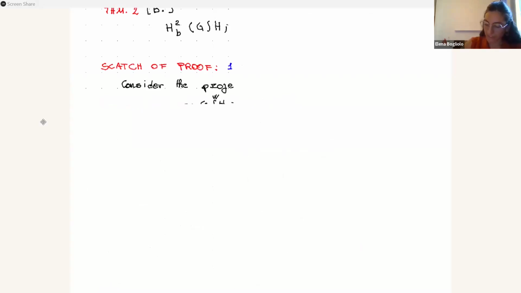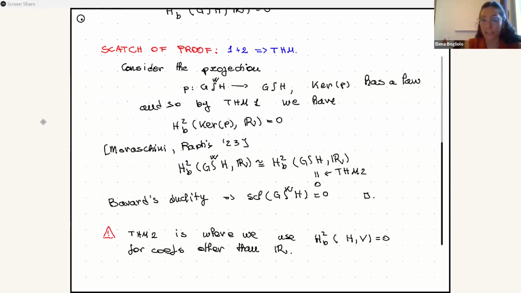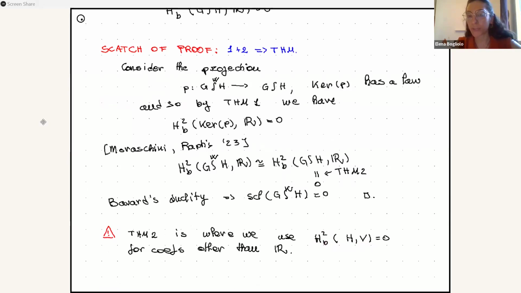I also want to point out that theorem 2 is the reason why we need a requirement on the vanishing of the second bounded cohomology for H, also for other coefficients, which are different from R, so for a larger class of coefficients. The proof of theorem 2 is very similar to the proof of Monod's result.